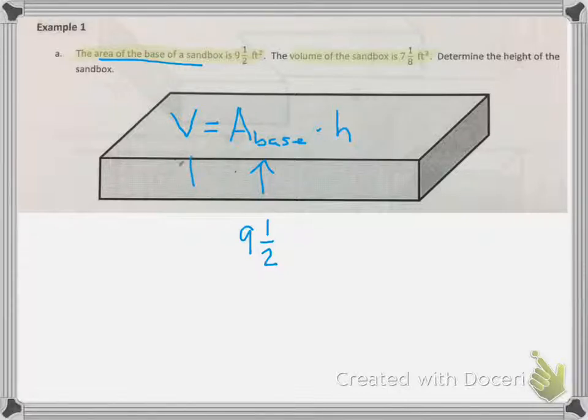Volume is right here. So I'm going to say 7 1/8 is equal to the area of the base, which they told me was 9.5 square feet, times the height. So there's my equation. I notice I just have one variable, and I'll be able to isolate that variable to solve for the height.